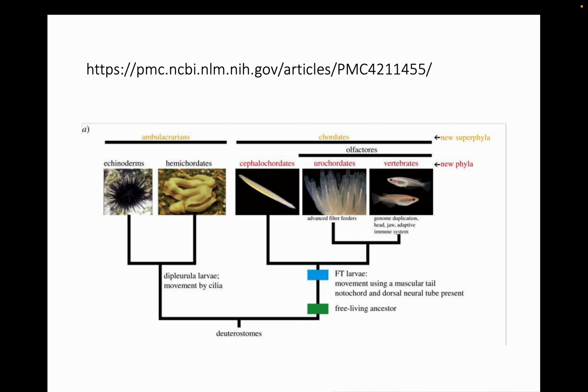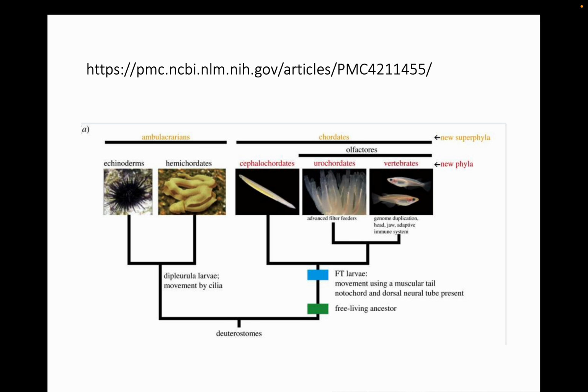Chordates share a very close relationship with a superphyletic group, the ambulacrarians. The ambulacrarians, along with chordates, are deuterostomic animals. For the ambulacrarians, the representative phyla are Hemichordata and echinoderms.